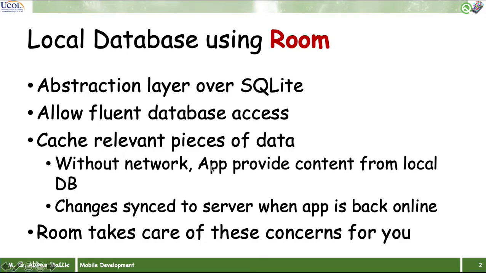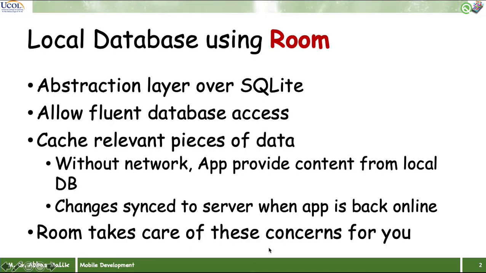This is where our database system will help us. Without the network connection, the app can still provide some content from the local database. Changes are synced to the server when the application is back online. It means that the user can see the latest news whenever he is connected to the internet again.